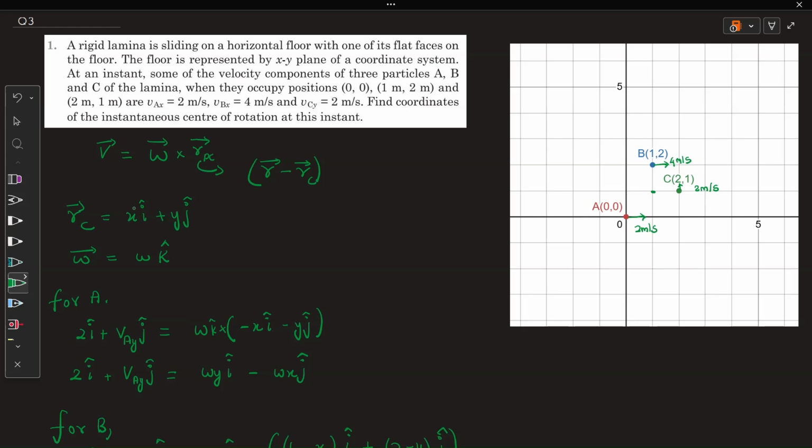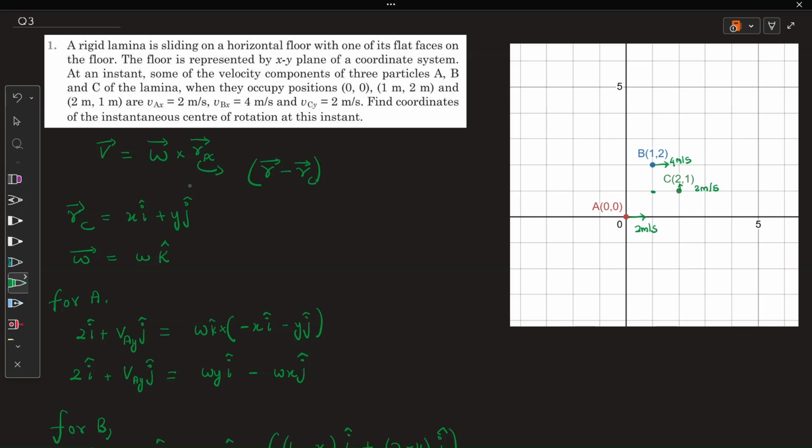The main thing you have to know is this formula: V bar is nothing but omega bar cross R bar. This R bar is from the center C to the point P, so it is R_P minus R_C. This is the only equation you have to know. This is a basic equation.